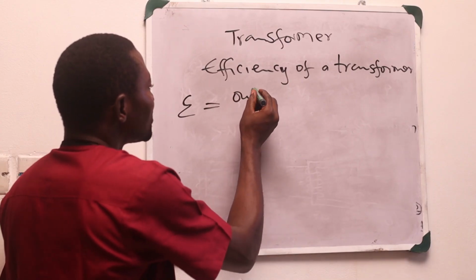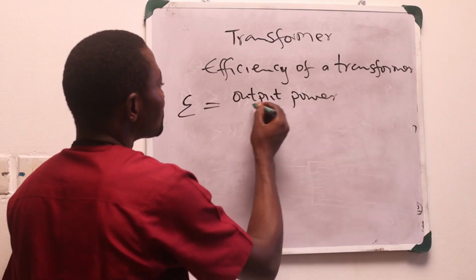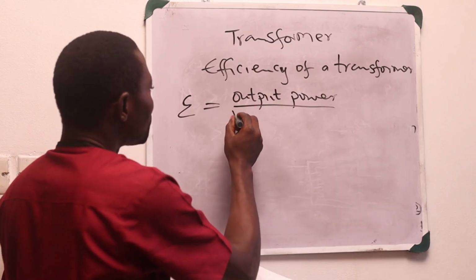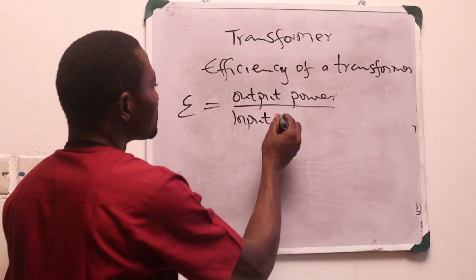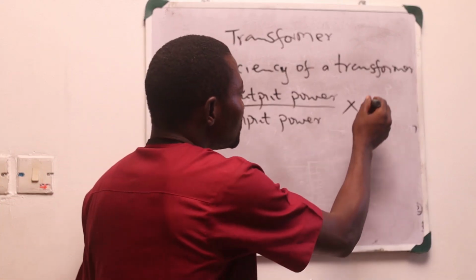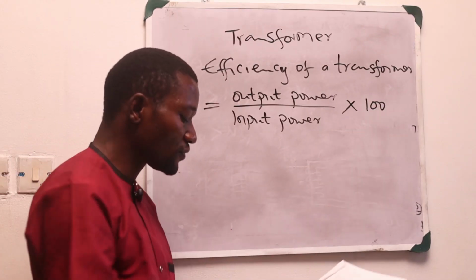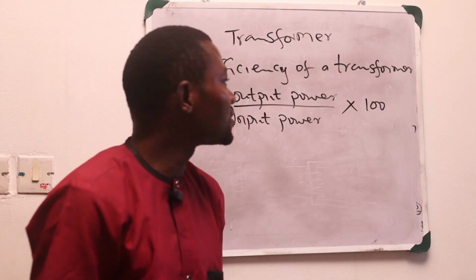Mathematically, we can say efficiency is output power over input power, and because we are saying efficiency, it's normally expressed in percent. So this is the expression for efficiency of a transformer.